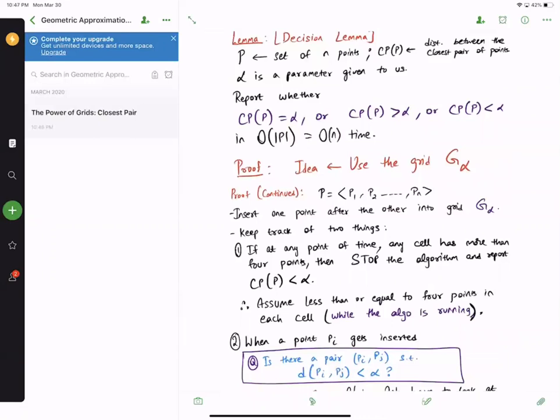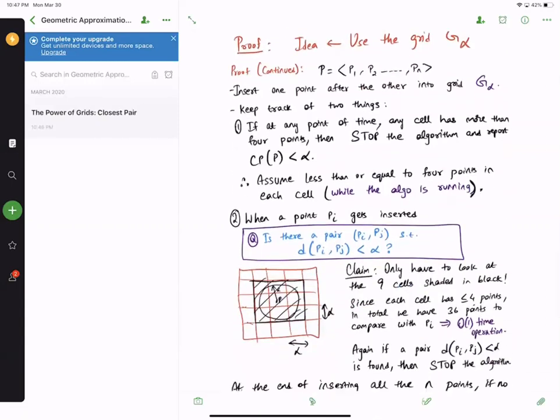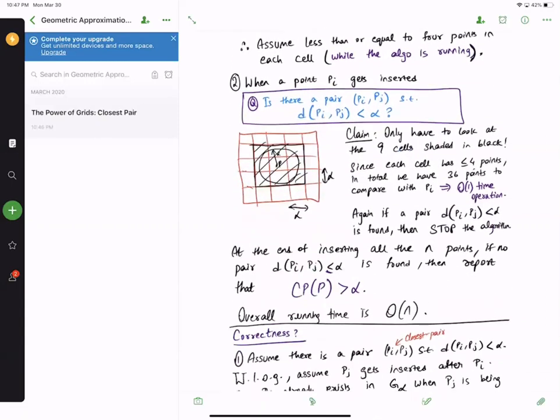And every time a point gets inserted, you want to ask this question. You want to look at all its neighboring points to see if there's a possible candidate it can pair up with distance less than alpha. And again, that only takes constant time, right?